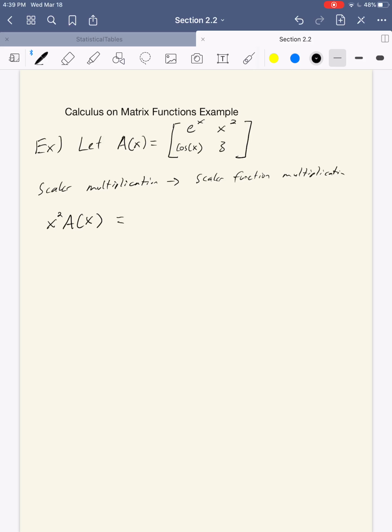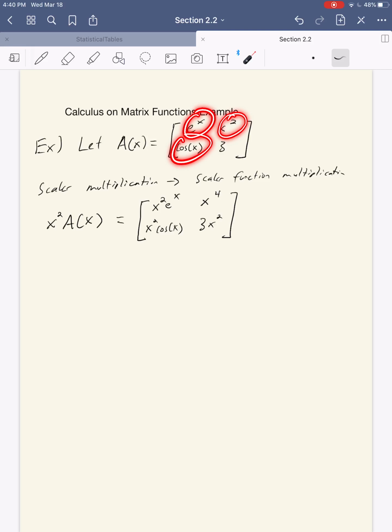That would be a new matrix function where every element has now been multiplied by x squared. So you'd have x squared e to the x, you'd have x to the fourth, you'd have x squared cosine x, and you'd have 3x squared. Just like normal scalar multiplication, if this guy out here is just a scalar function, not a matrix of functions, but just a normal function, then you can distribute him onto every element individually and get a resulting matrix function. Okay.